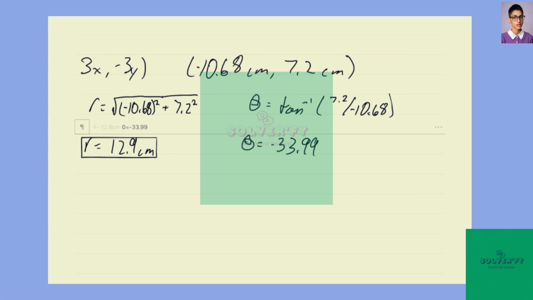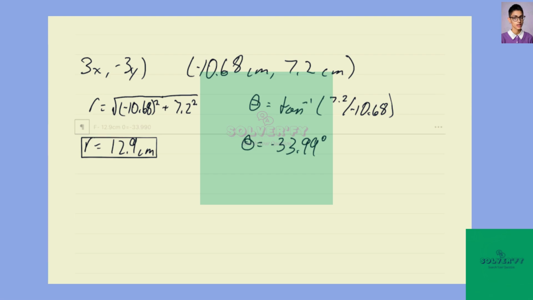33.99 degrees. However, when you look at where negative 33.99 degrees is on the graph, you'd see that it would be at a point where y is negative and x is positive. When you're looking at our Cartesian coordinates, you see that y is positive and x is negative.